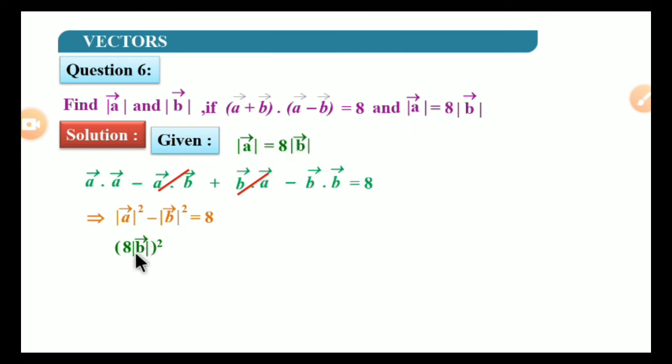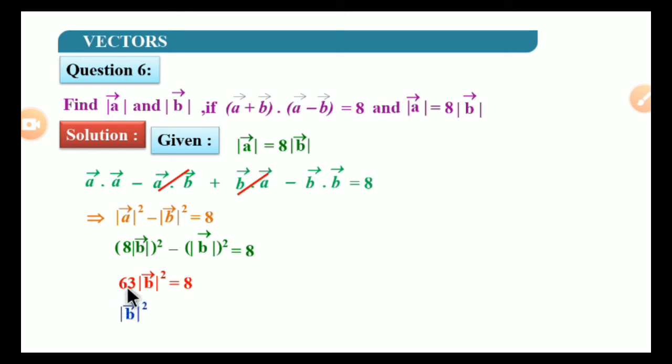Now we can make use of the identity that is given already. So 8 into magnitude of B is equal to magnitude of A, so we can replace that value here. So this whole square minus magnitude of B square is equal to 8. After squaring this and subtracting, because this is 64 into magnitude of B square, we will have 63 into magnitude of B square is equal to 8.